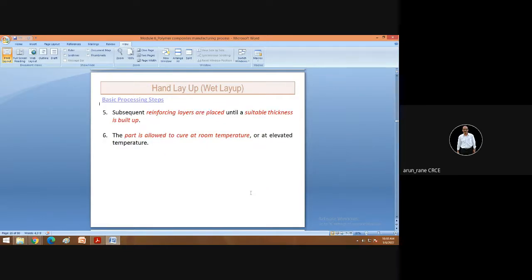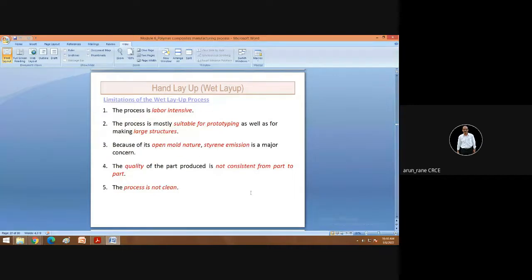So hand layup is also called the wet layup. The limitation or disadvantage is that it is labor intensive, means a lot of labor is involved.